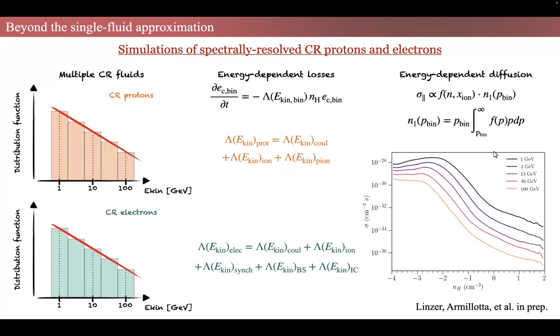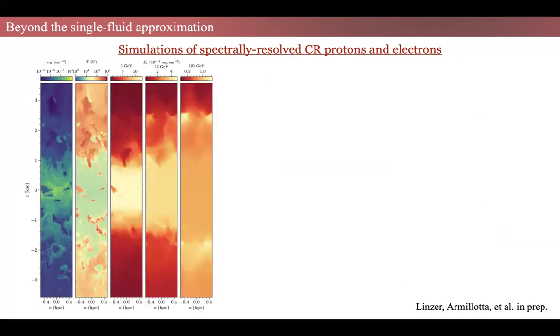As you can see from this plot, from our self-consistent calculation of the scattering coefficient, we find that the scattering coefficient decreases with increasing cosmic ray kinetic energy, meaning that cosmic ray diffusion is more important at high kinetic energies.